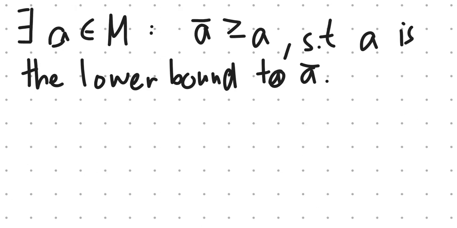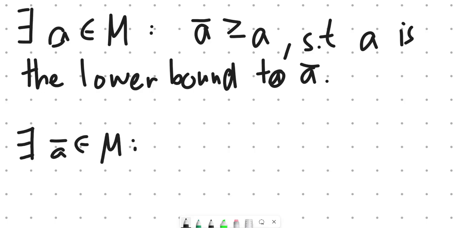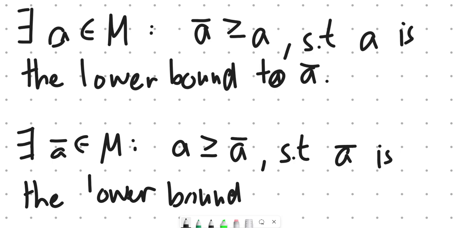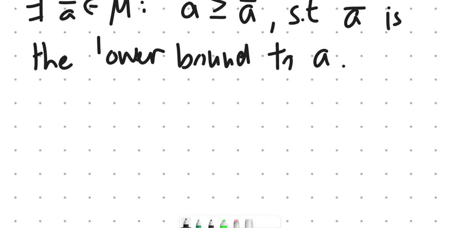Now, if A dash is a minimum of M, there exists an A dash in M, which is an element of M, such that A is always bigger or equal to A dash. So A dash is now the lower bound to A. So now we have two definitions.